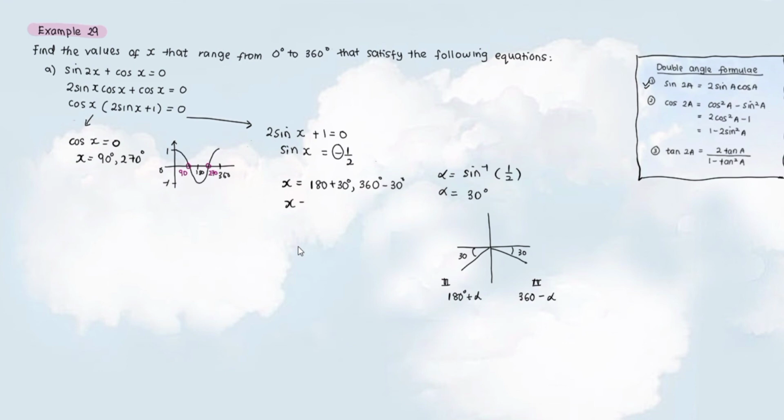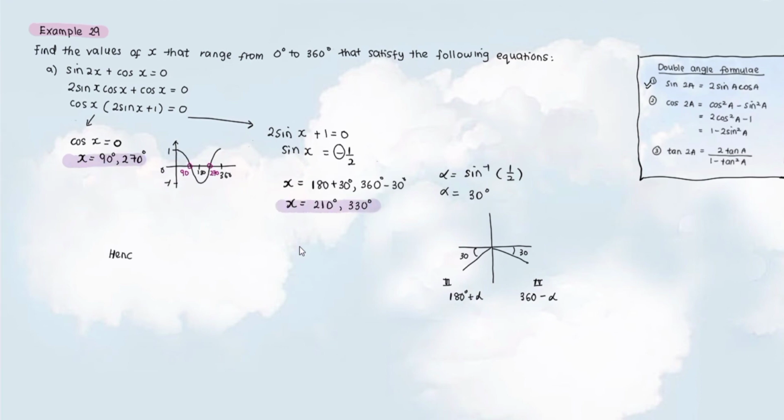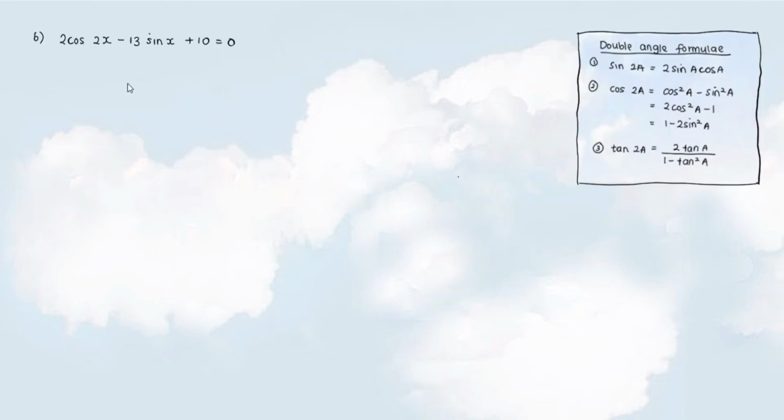So x is equal to 210, 330 degrees. Here are the solutions obtained. Hence x is equal to 90 degrees, 210 degrees, 270 degrees, 330 degrees.